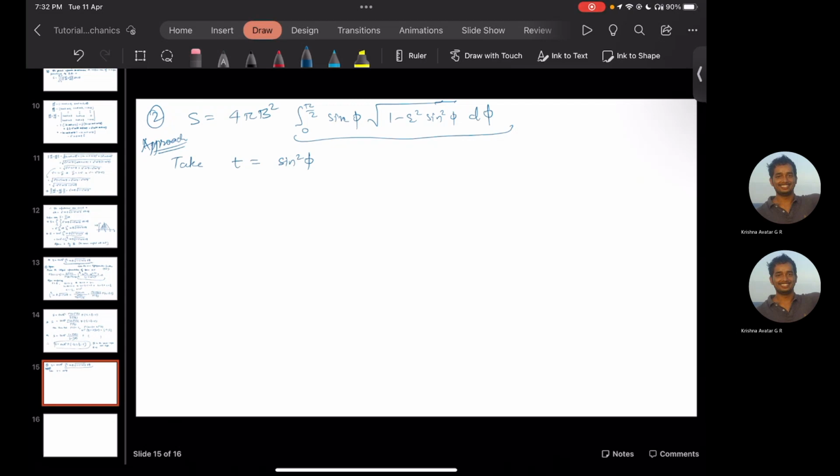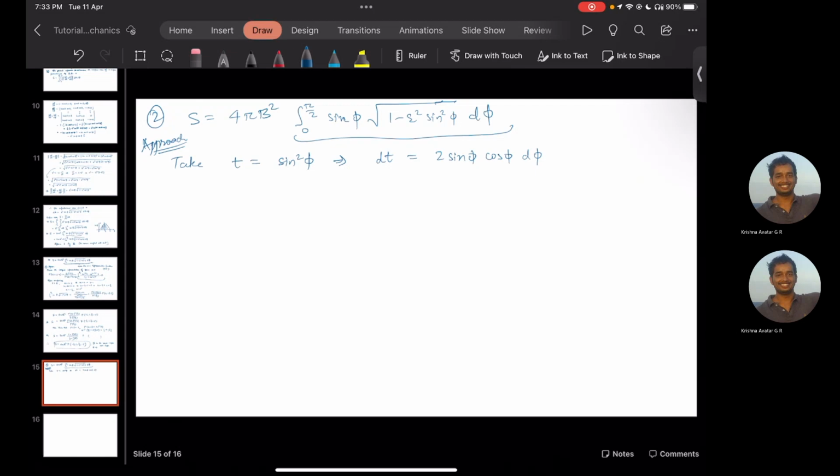Okay. So then this implies that dt is equal to 2 sine phi cosine phi d phi. Is it not?